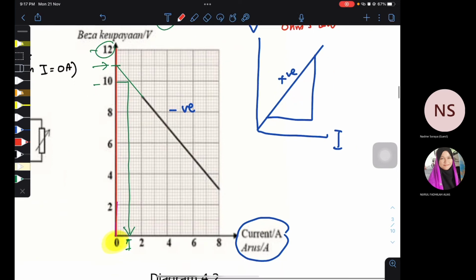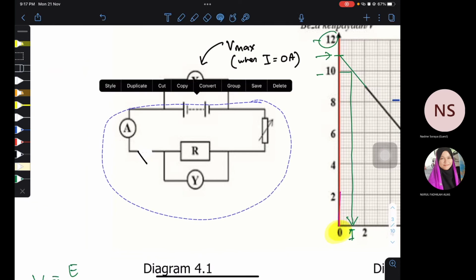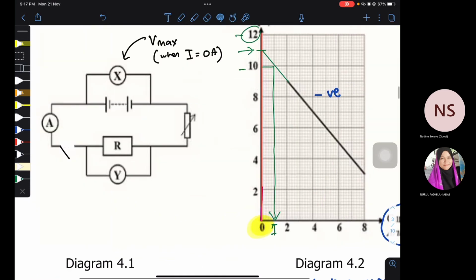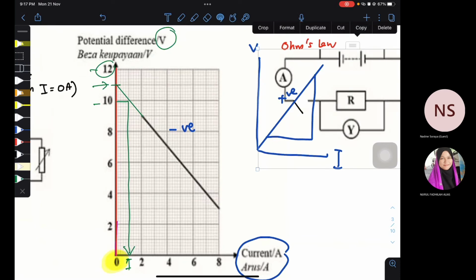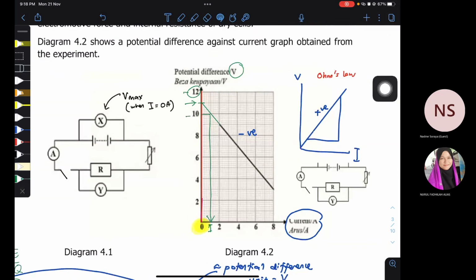Kalau soalan ini gambar je voltmeter kita letak voltmeter sekejap. Kalau untuk graf ni, voltmeter kita letak macam ni. Tengok gambar ni dia macam sama dengan tadi. Tapi tengok beza dia. Kalau kat sini, kita tak letak voltmeter in parallel.